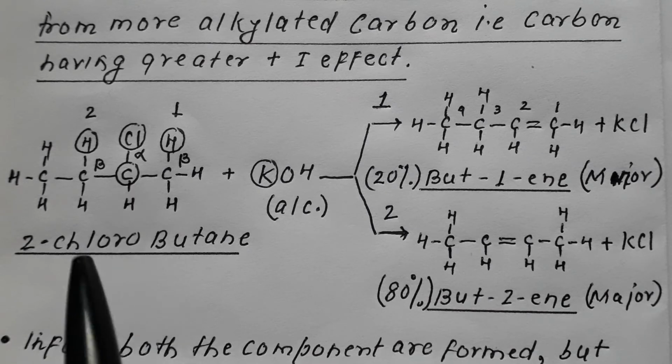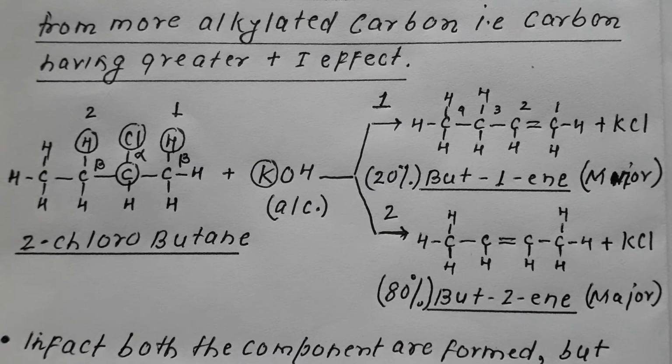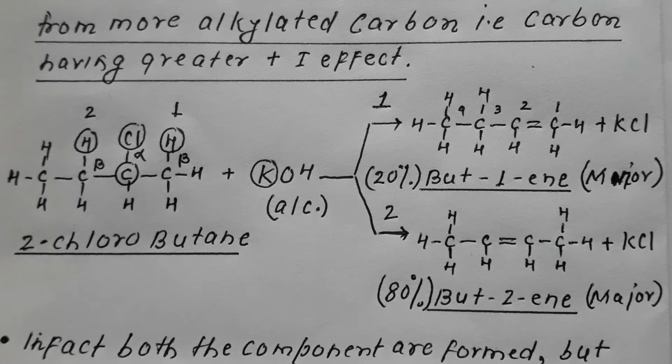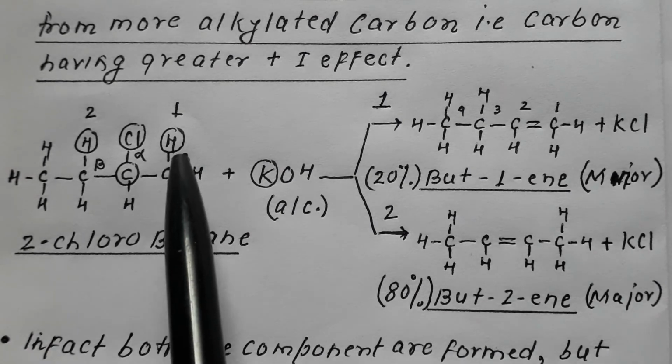Now, if the molecule was symmetric, there was no problem because the product in both cases was the same. But if a molecule is unsymmetric, then there is a problem, and Saytzeff rule is the solution to it. Suppose hydrogen number 1 gets eliminated during dehydrohalogenation, then what would be the leftover product?